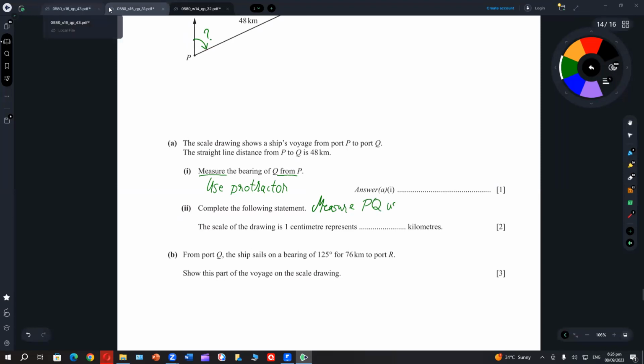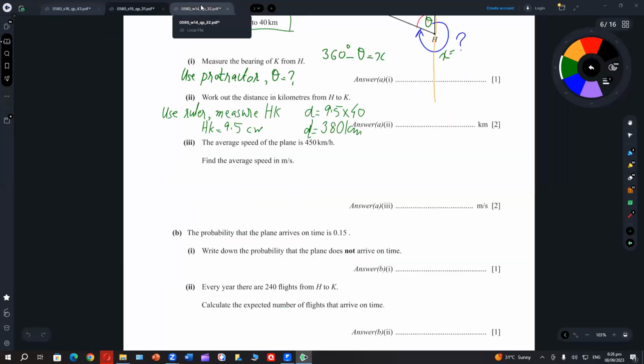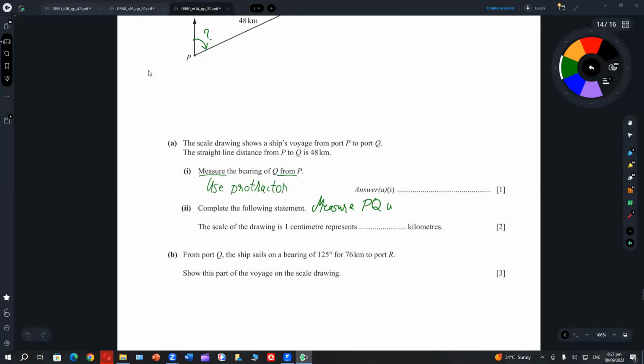Sir, it's 6 centimeters. The examiner says PQ is 48. Our PQ is coming 6 centimeters.